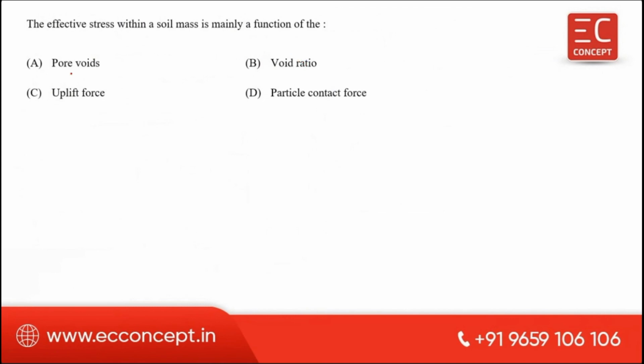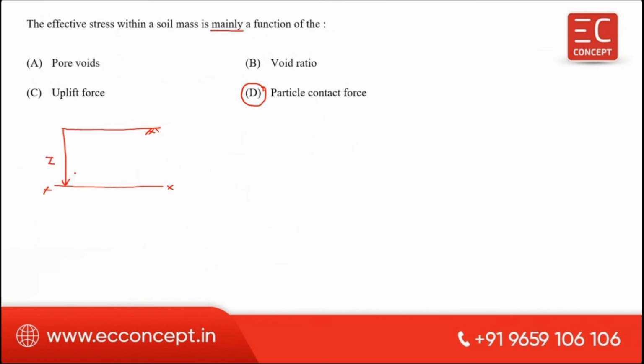Voids, uplift force and particle contact force. So all four are somehow functions, but in the question they are asking mainly the function of particle contact. For example, effective stress at any depth is measured at a distance of z.